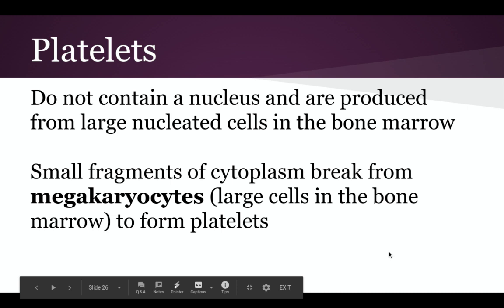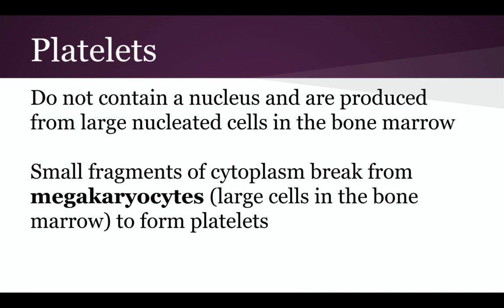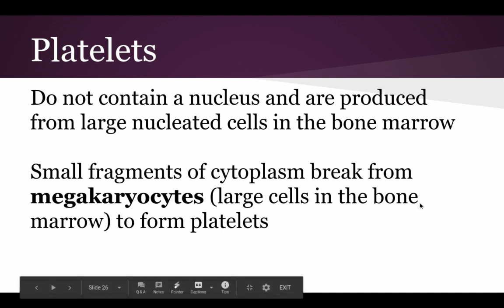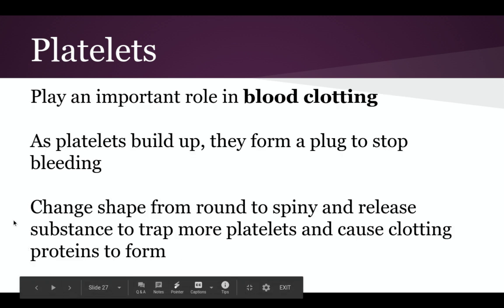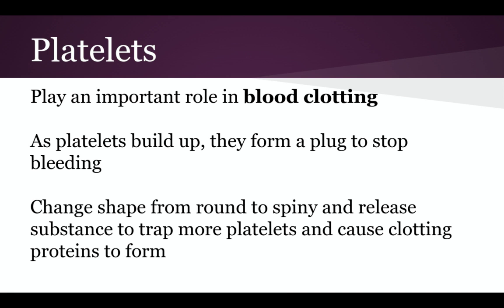Okay, platelets do not contain a nucleus and are produced from large nucleated cells in the bone marrow. Small fragments of cytoplasm break from a megakaryocyte, a large cell in the bone marrow, to form platelets. They play an important role in blood clotting. As the platelets build up, they basically form a plug to stop bleeding.